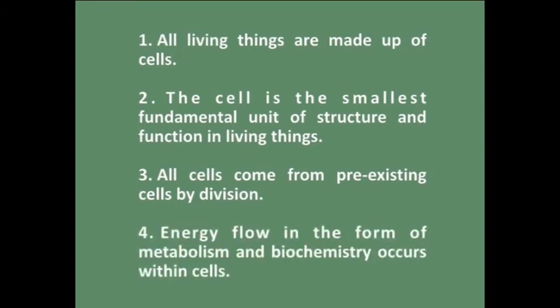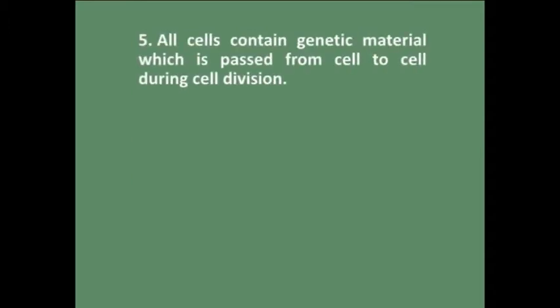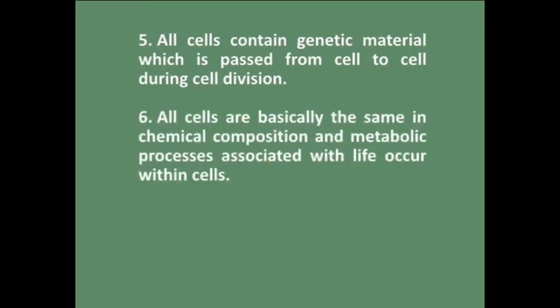The fourth one is energy flow in the form of metabolism and biochemistry occurs within cells. Fifthly, all cells contain genetic material which is passed from cell to cell during cell division. The next is all cells are basically the same in chemical composition, and metabolic processes associated with life occur within cells.